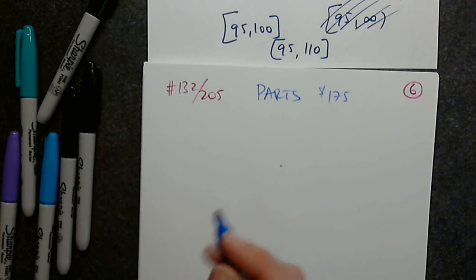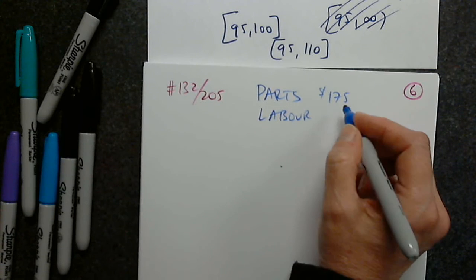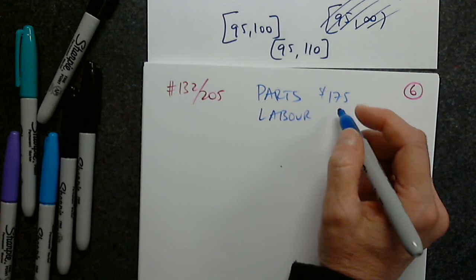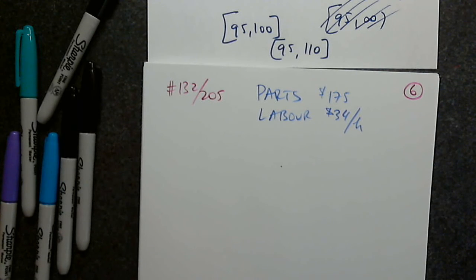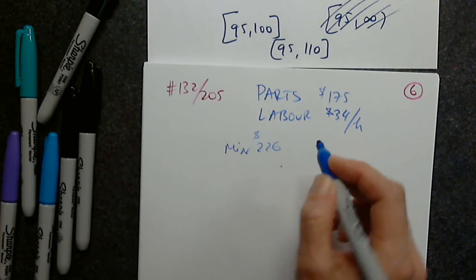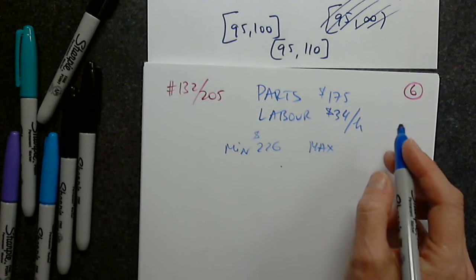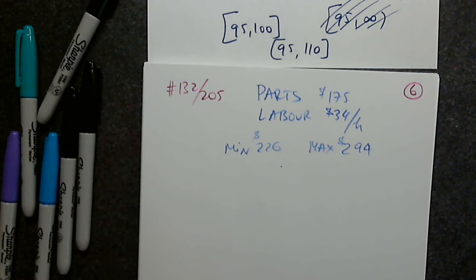Parts 175, labor 34. So the estimate is min 226, max 294. How many hours will he be working on the job?